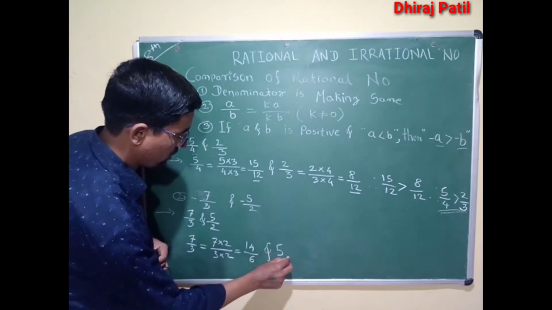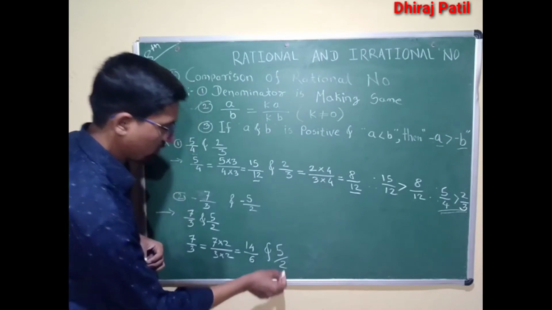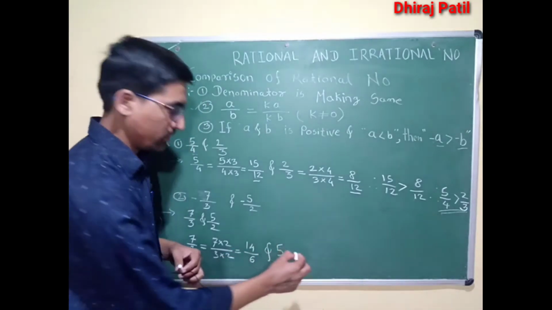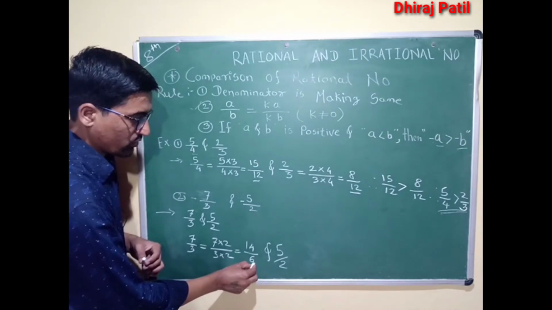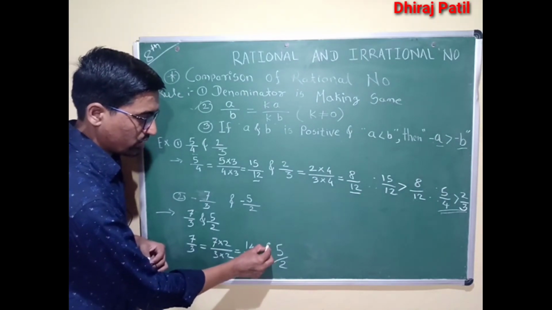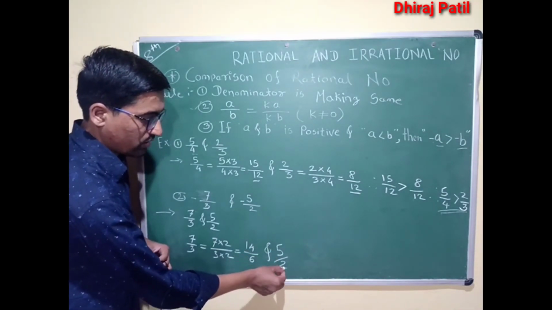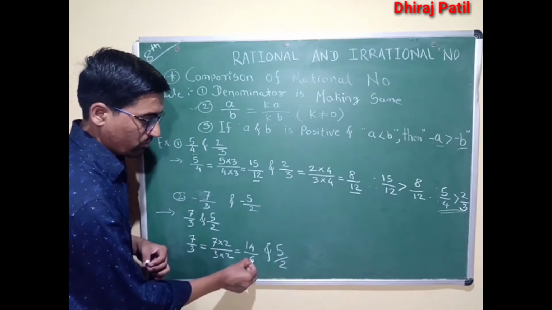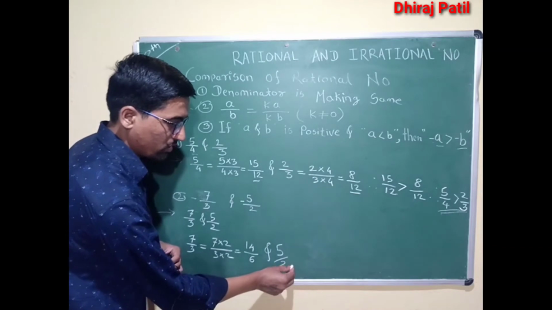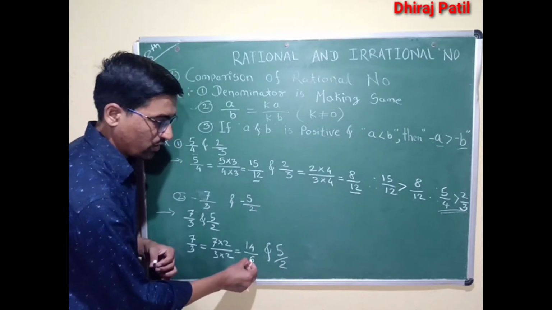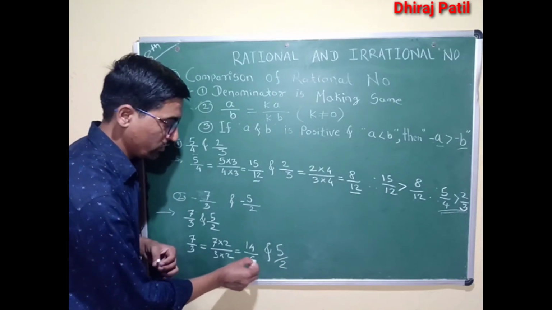For 5 by 2, I have to multiply by 3 because our first denominator is 6. So we have to take a number such that our second denominator also becomes 6. So we multiply by 3. Then our denominators are the same.